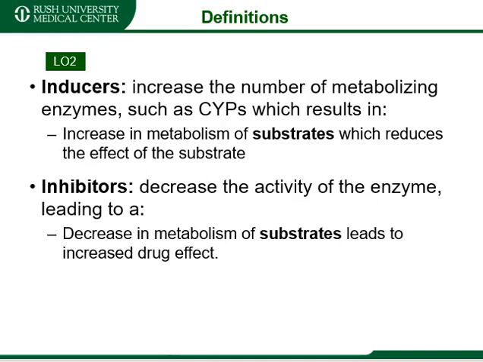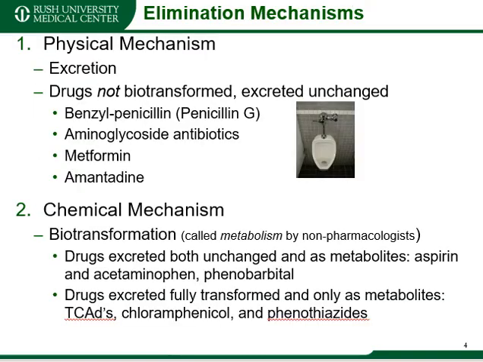Off the top of my head, I don't think there's a drug that's both an inducer and an inhibitor of the same enzyme, but I think there might be a few that are inducers and inhibitors of different enzymes. I'll have to check, but in general, those are the three main categories.